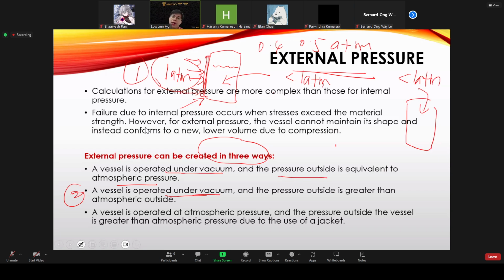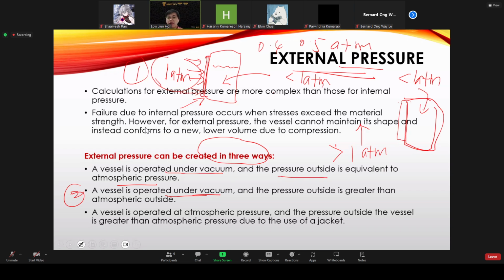If the operating pressure is lower than 1 atm, and moreover the external pressure outside the pressure vessel is, in some cases, higher than atmospheric pressure, higher than 1 atm, then we also need to design the shell of the pressure vessel based on the external pressure calculation.